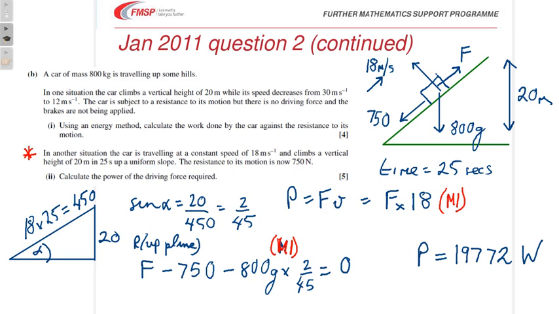There was a mark for the sine alpha, and then there were 2 accuracy marks. So 1, 2, 3, 4, 5, that's right. Okay, that was Jan 11, question 2. I hope that was helpful.